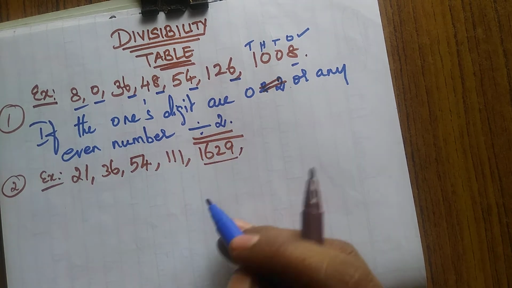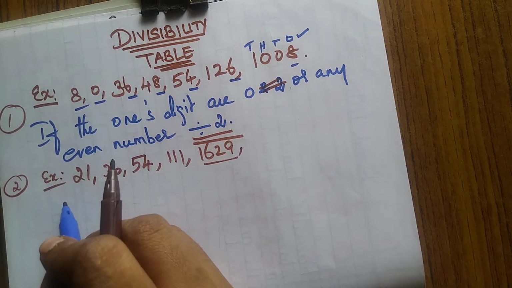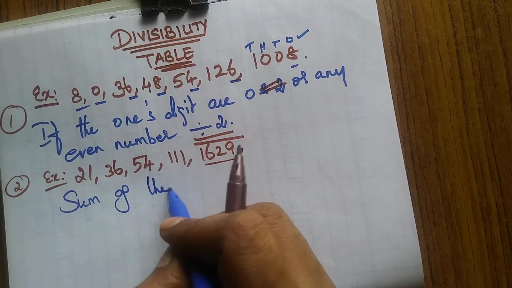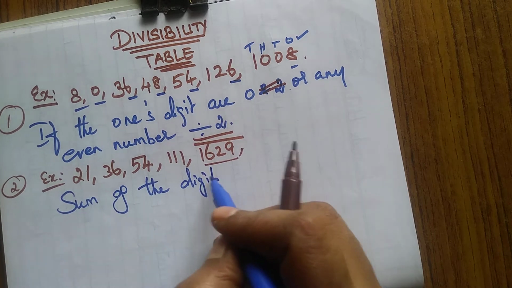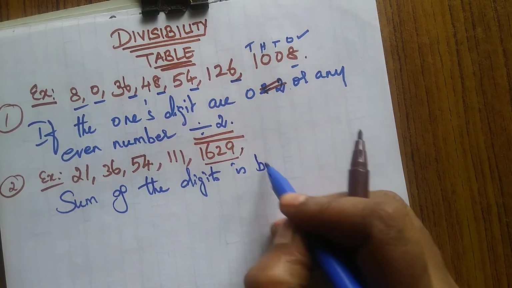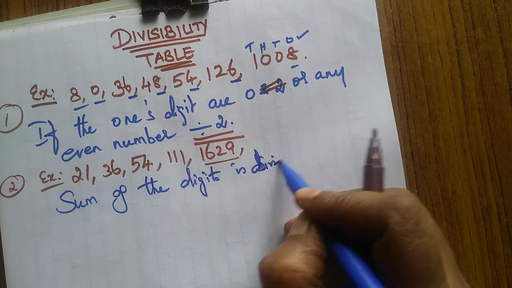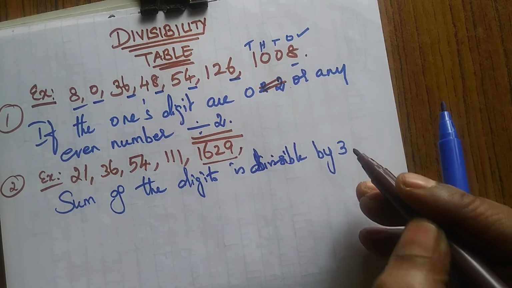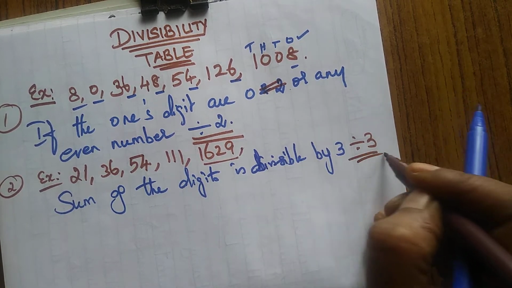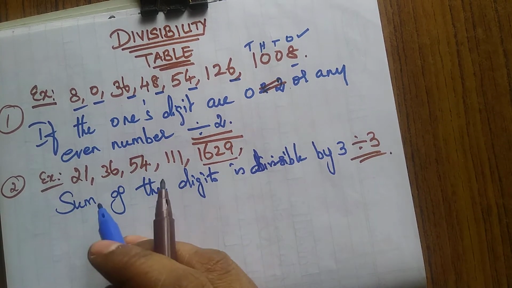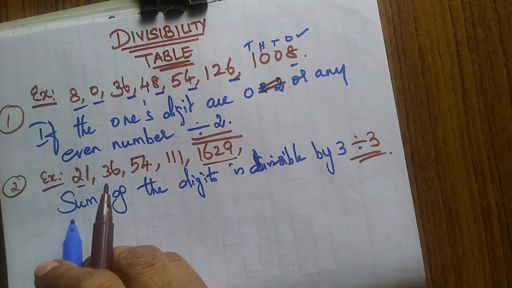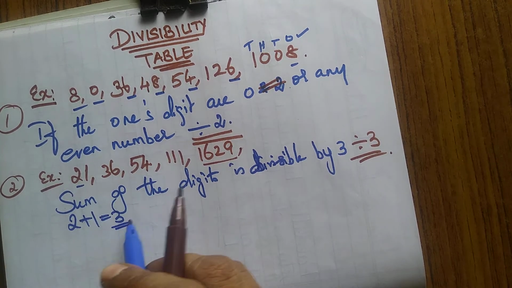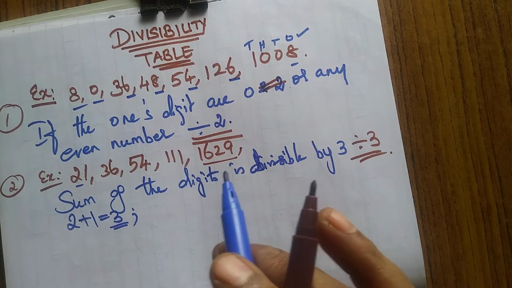You have to sum up the digits. If the sum of the digits is divisible by 3, then the given number is divisible by 3. For example, let us take 21. 2 plus 1 is nothing but 3. 3 is divisible by 3, so the given number is divisible by 3.